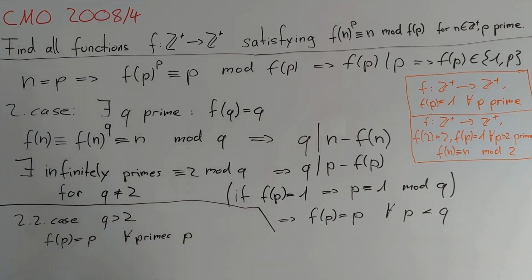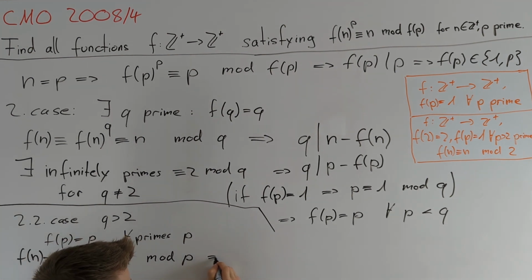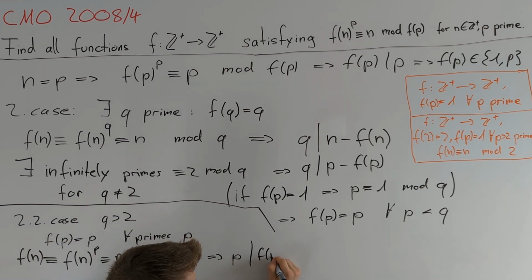Therefore our congruence becomes that f(n)^p is congruent to n modulo p, and now we can use again Fermat's little theorem to get that f(n)^p is congruent to f(n) modulo p, and therefore we get that p divides f(n) minus n.